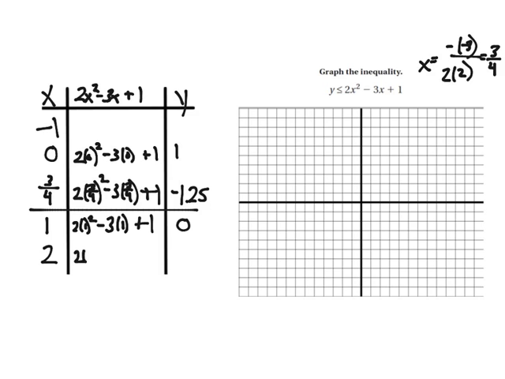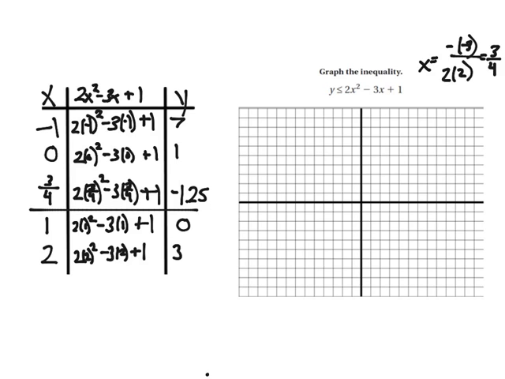Plug in 2. We get 4 times 2 is 8, minus 6 is 2, plus 1 is 3. Plug in negative 1. And we get 2 plus 4 is 6, plus 1 is 7.